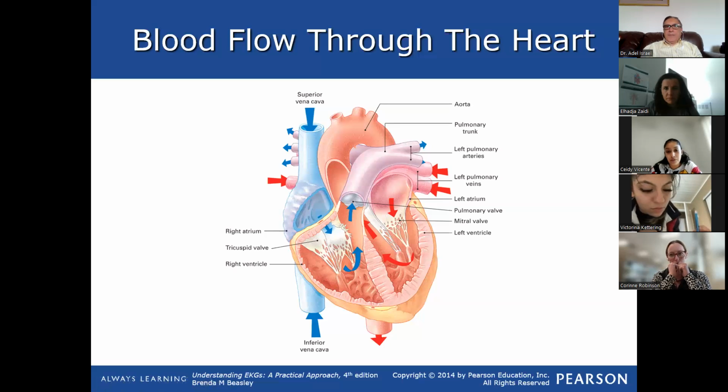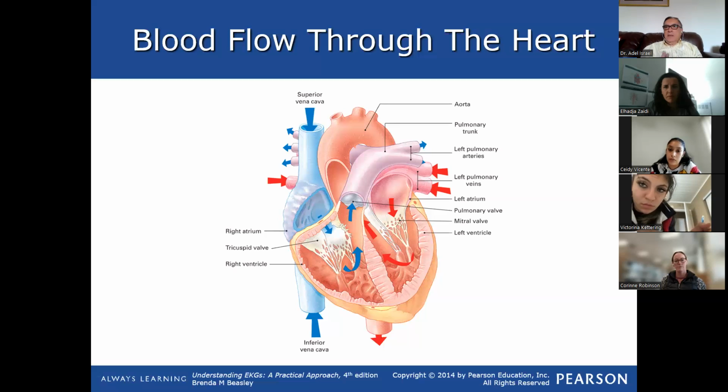And then from the left atrium, we have the left ventricle. This means the right side of the heart, right atrium and right ventricle. This is what I mean by the right side of the heart. Left side of the heart, I mean left atrium and left ventricle. So let us have certain points, and these points are valid throughout our study.